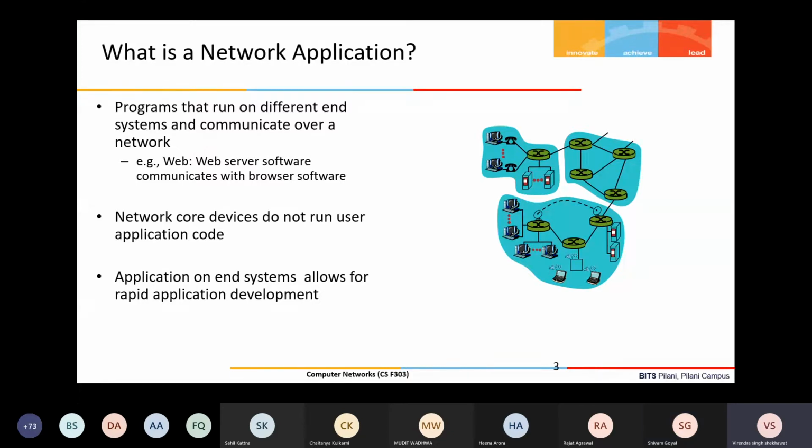With respect to this slide, I have not discussed anything. I was just briefing about what we have done so far.